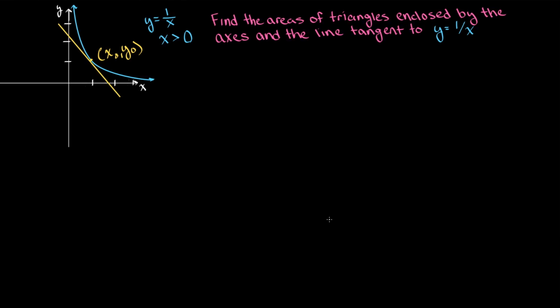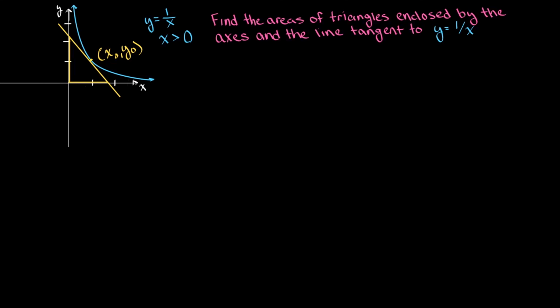And with this tangent line, you can see that this triangle appears. And again, we want to find the area of all of these triangles. We can make a ton of different triangles, but let's just talk about this one for right now. So we want to find the area of that triangle.